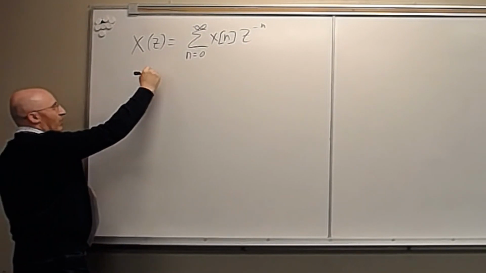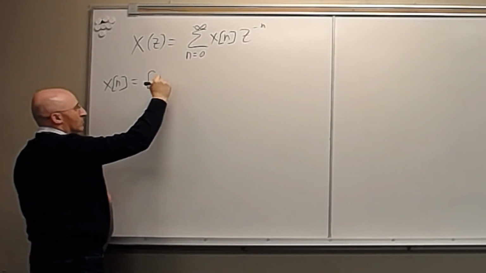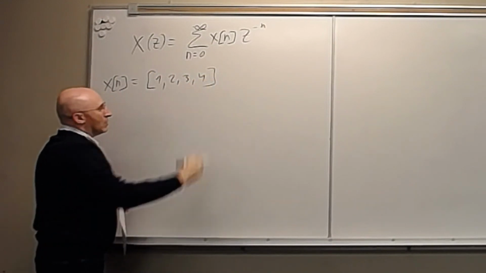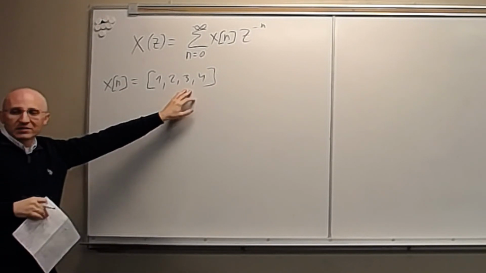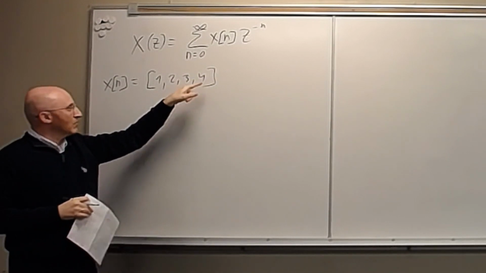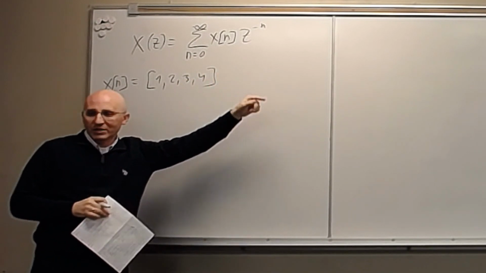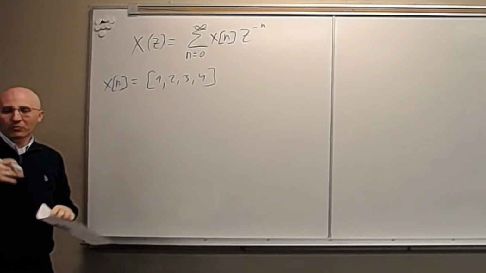So if you have a vector of numbers defining x of n, any vector you want, this vector means that all of the other things are zeros, which means that after 4 it will be 0, 0, 0, 0 forever. Okay? Before that it also will be 0.